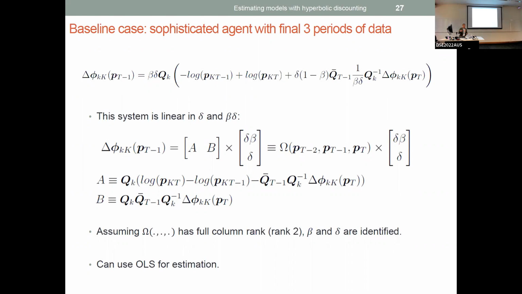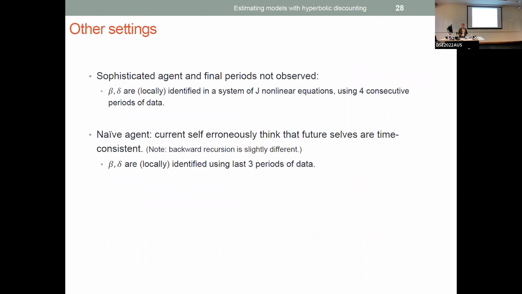So the identification has been shown through 2 different approaches with only observational data. And in this particular case, with the last 3 periods of data, the estimation can be done using OLS. There are some other settings, such as sophisticated agents and final periods not observed.